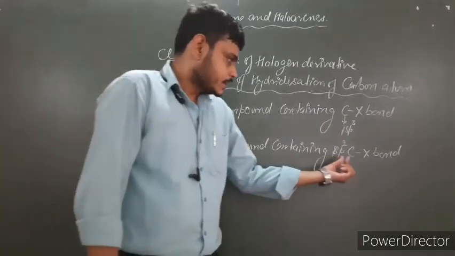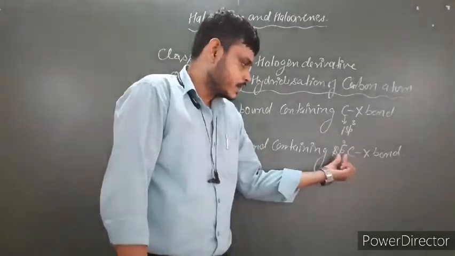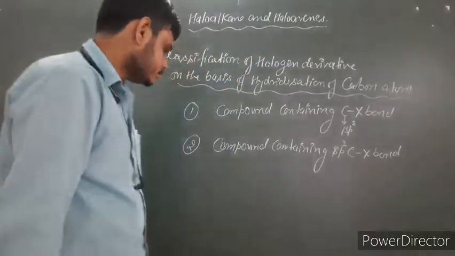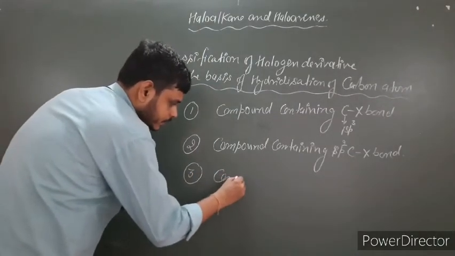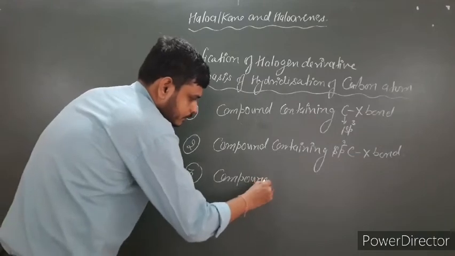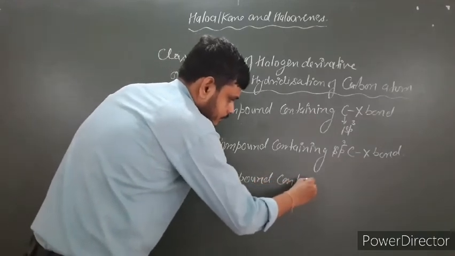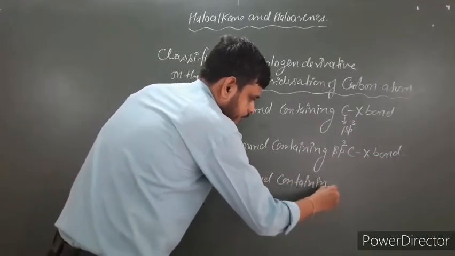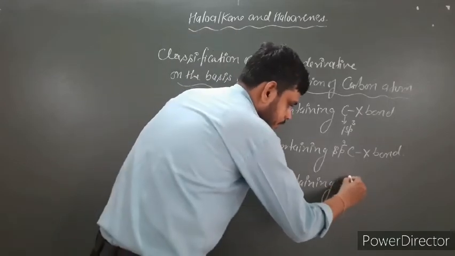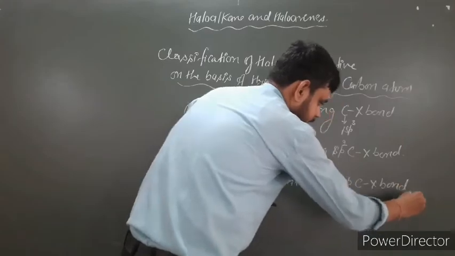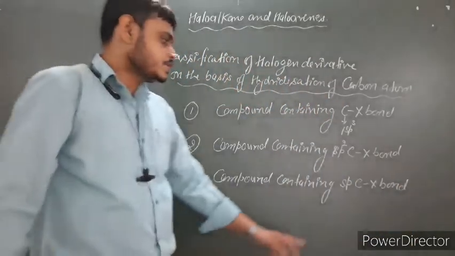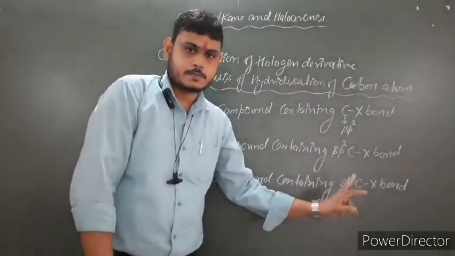It means here the carbon is sp2 hybridized. Third, compound containing an sp carbon halogen bond. Here the hybridization of carbon atom is sp.